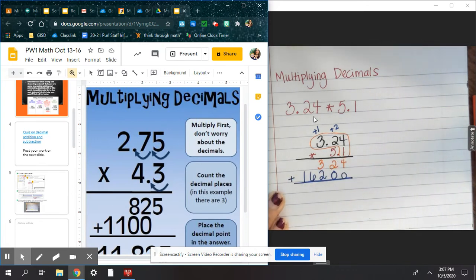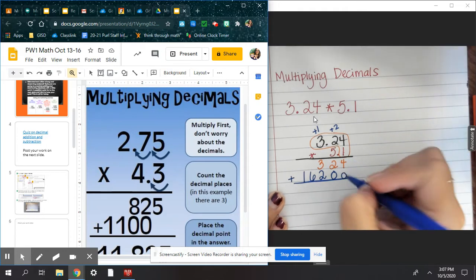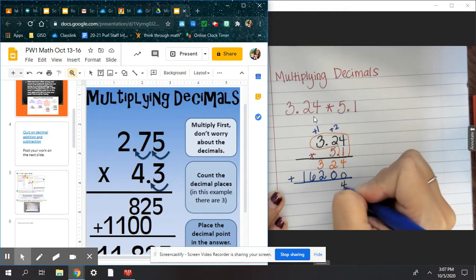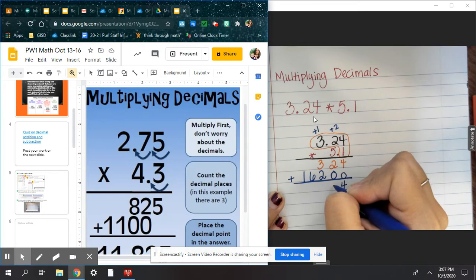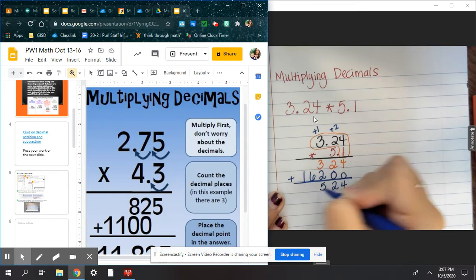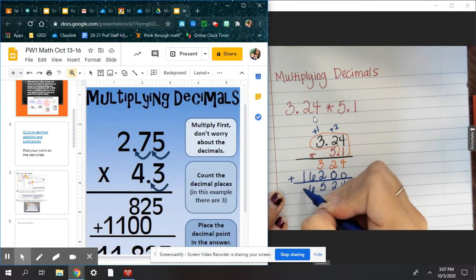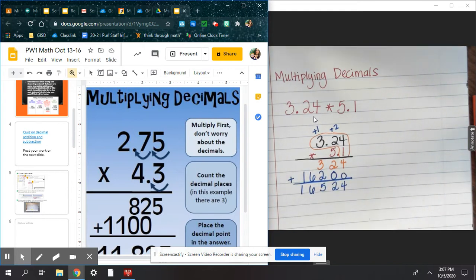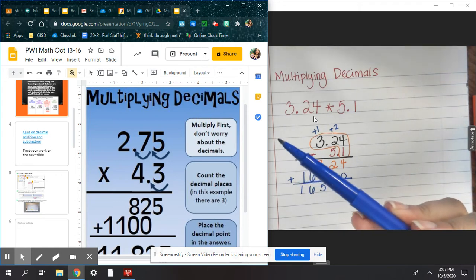Now I'm going to add my partial products. 4 plus 0 is 4, 2 plus 0 is 2, 3 plus 2 is 5. Bring down my 6 and my 1. Okay, now I am not finished. The first step was multiply first, don't worry about the decimals.